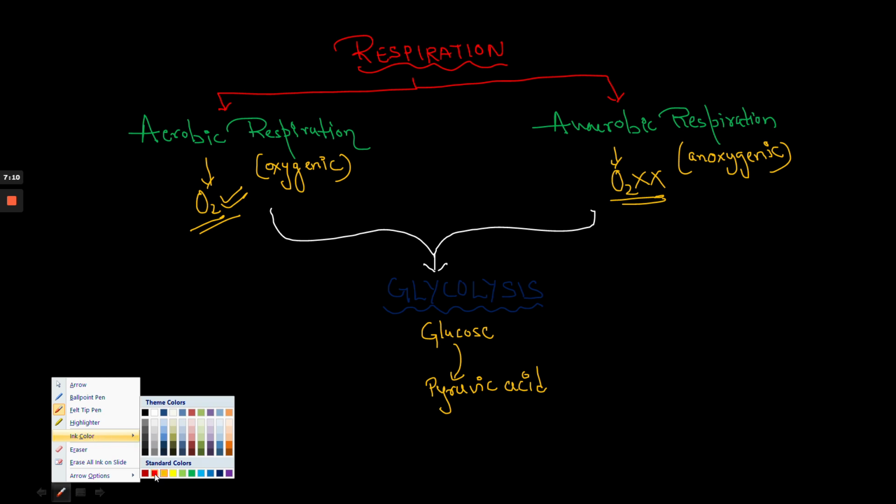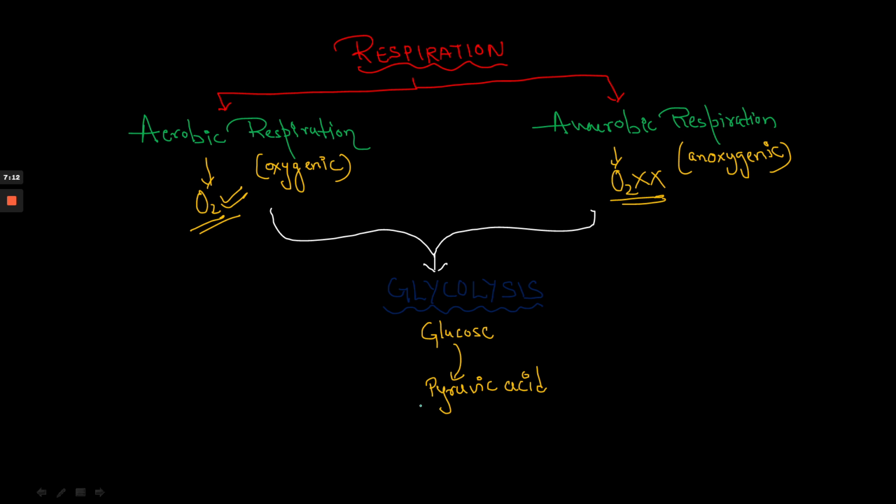Now, once the pyruvic acid has been formed, depending on whether oxygen is present in the cell or not, the respiration can be aerobic type or it can be anaerobic type.